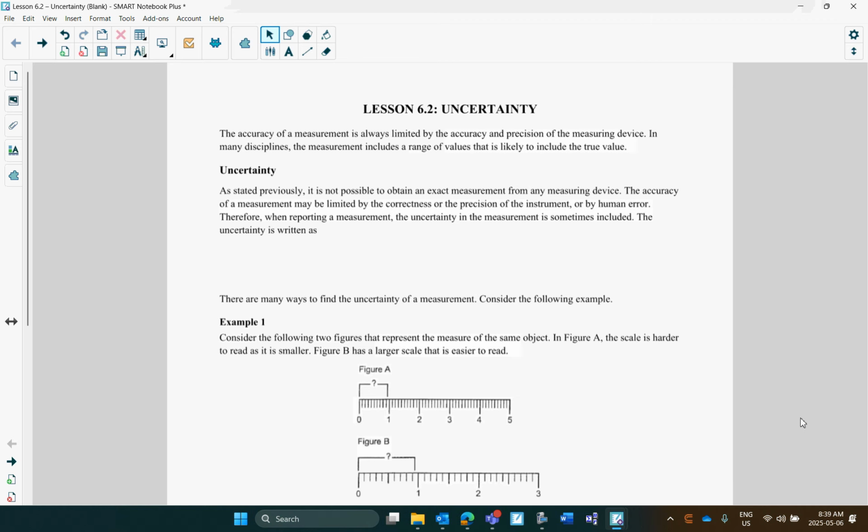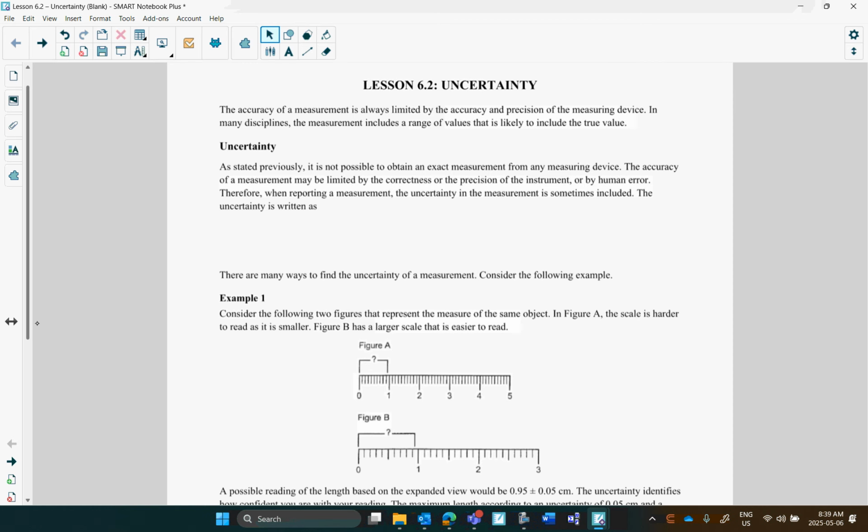A general formula is whatever the measured value is, which you guys are used to doing, plus or minus the uncertainty of the measurement.